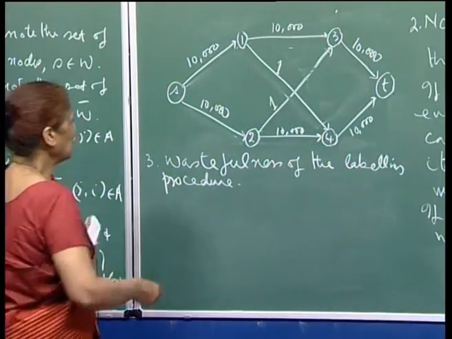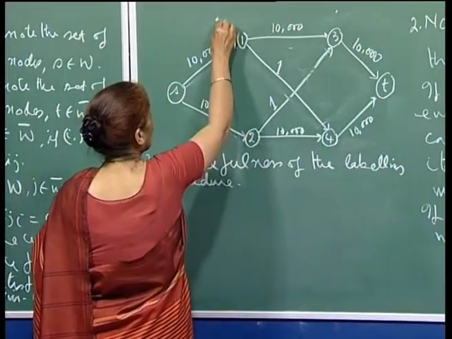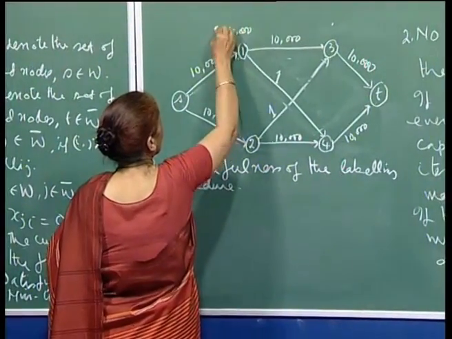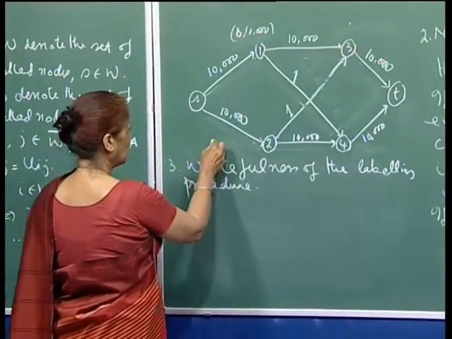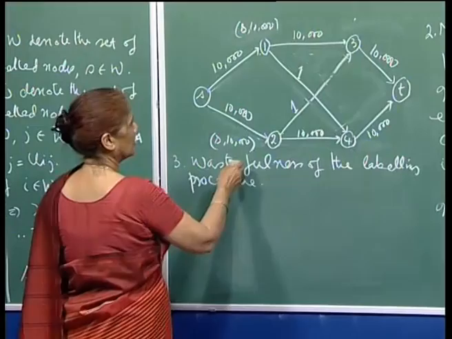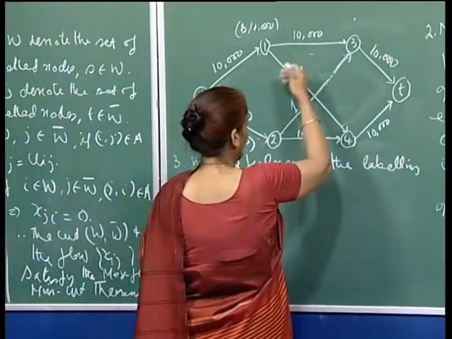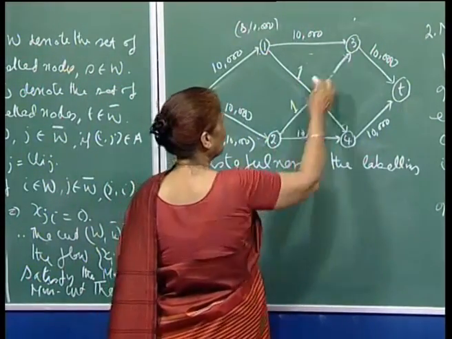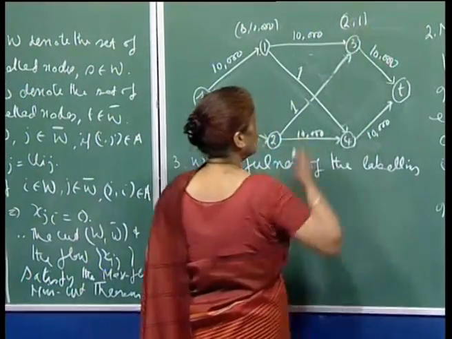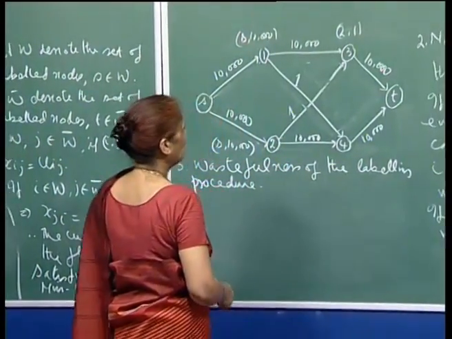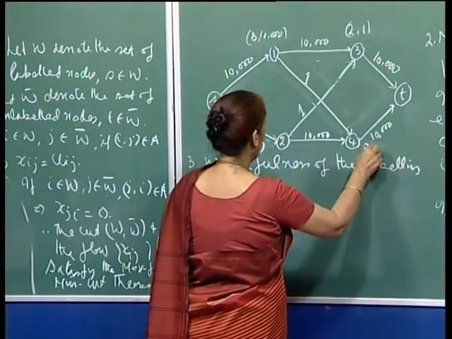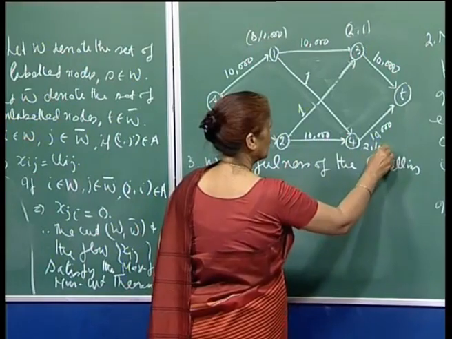But see, for example, here as we saw, we could label this as S and 10,000, and here also I could label S and 10,000. Then, suppose I choose this one, then the label would be 2 and 1, and here the label would be 2 and 10,000.